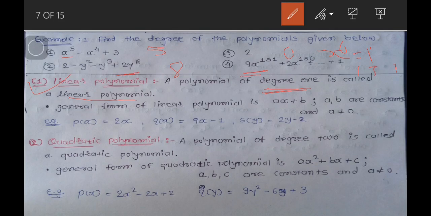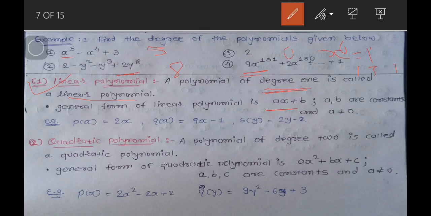We will describe all linear polynomials in general form as ax plus b. The general form of a linear polynomial is ax plus b.